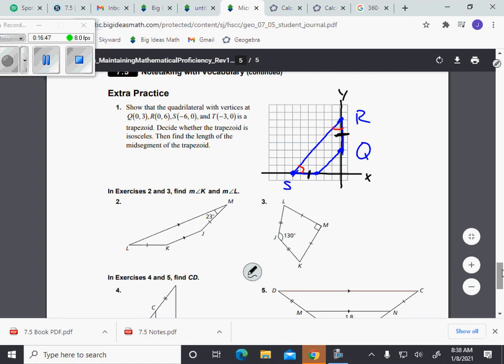The distance from S to T, ST, is equal to 3, right? And RQ is equal to 3. So this is an isosceles for sure. I'm just going to write a little check mark next to my isosceles here. It is an isosceles trapezoid. Then we need to find the length of the mid-segment of the trapezoid. That's going to be some work here.